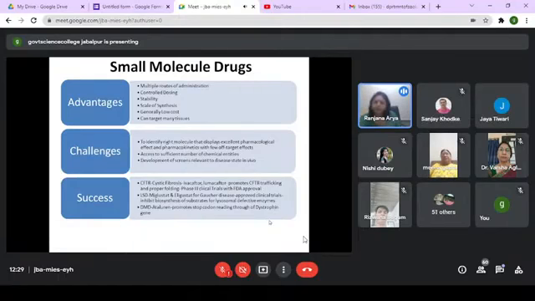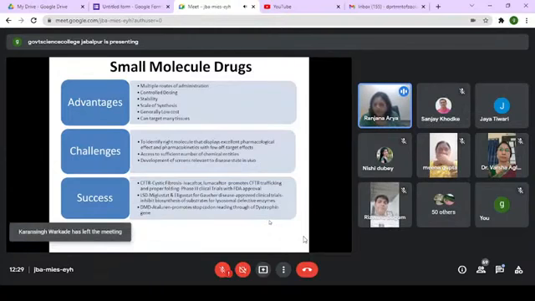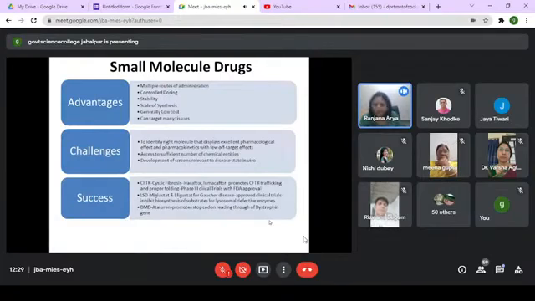Similarly, for Duchenne muscular dystrophy, DMD, we have ataluren, which promotes the stop codon read-through in the dystrophin gene. So you have a dystrophin gene which is defective, and this particular compound promotes the read-through of the stop codon, so that you can still have the dystrophin protein formed, and that's how the problem is overcome.